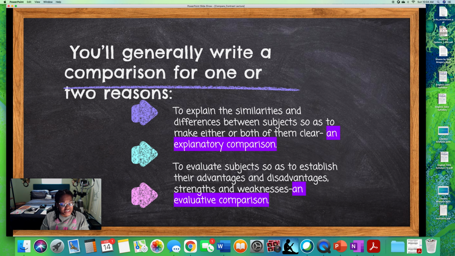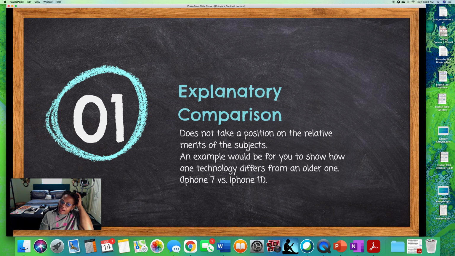An evaluation is going to differ from an explanatory comparison in that the explanatory comparison does not take a position. You, as the writer, will not take a position. You're not going to tell whether one is a better choice than the other. You're simply going to focus on what the merits of the similarities and differences actually are.